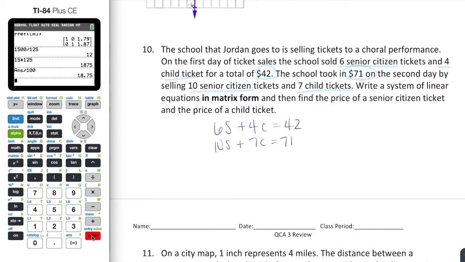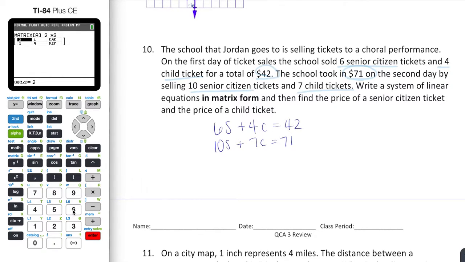So we're going to use that information and plug it into the matrix on our calculator. So we're going to go up here to our matrix menu, second matrix. We're going to go over and we're going to edit. So this one's going to be the same size, but we're just going to have different numbers this time.